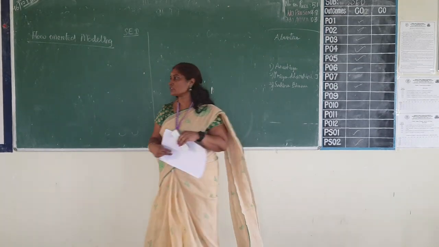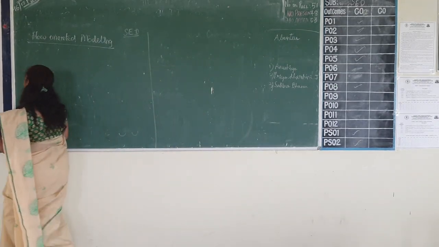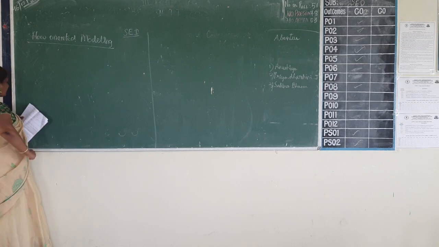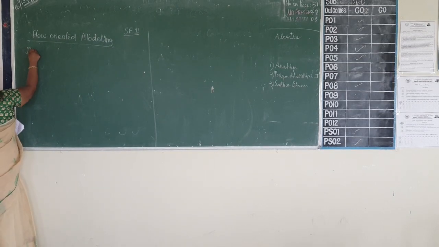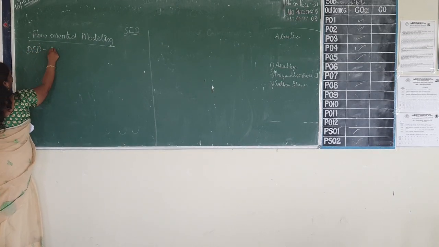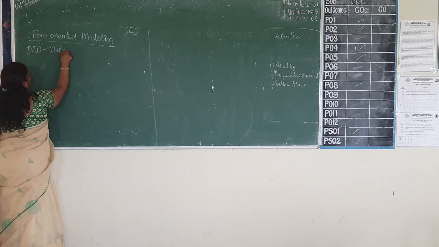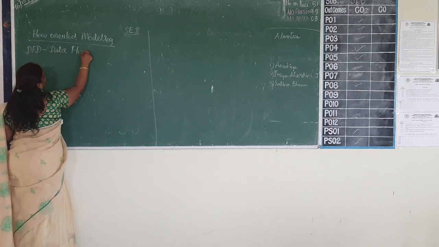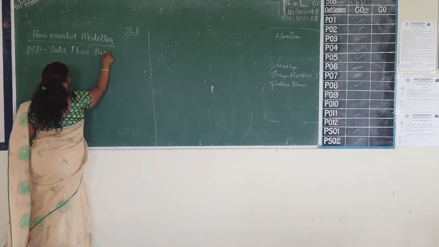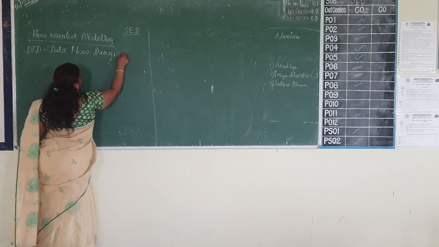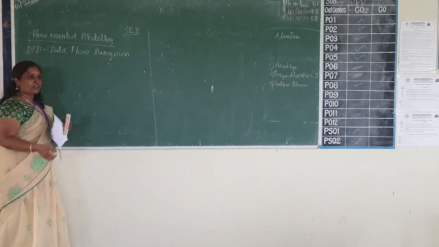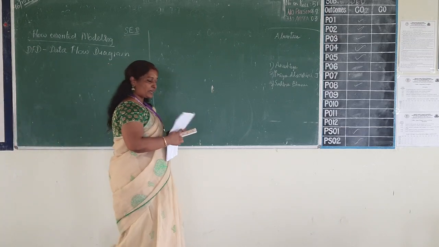So we need to know even about DFD, or just flow oriented modeling, I can say. In short, we say it is a DFD, data flow diagram. From the name itself, we can understand it is self-explanatory.